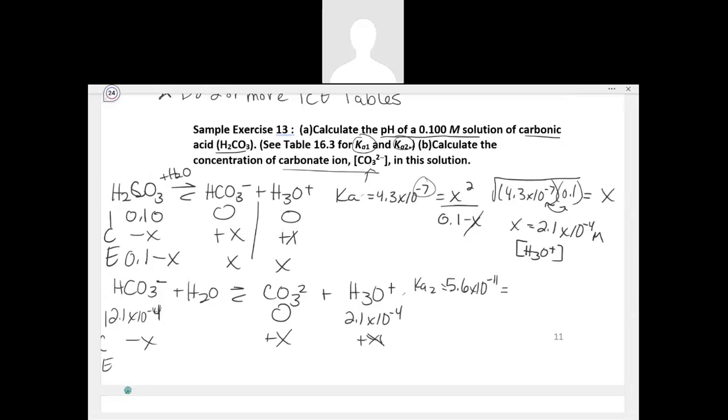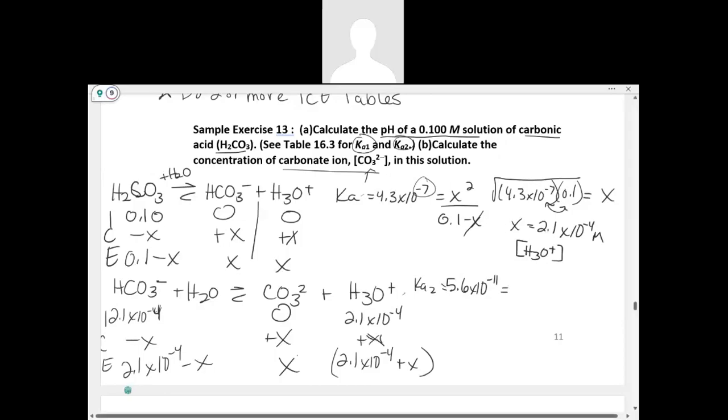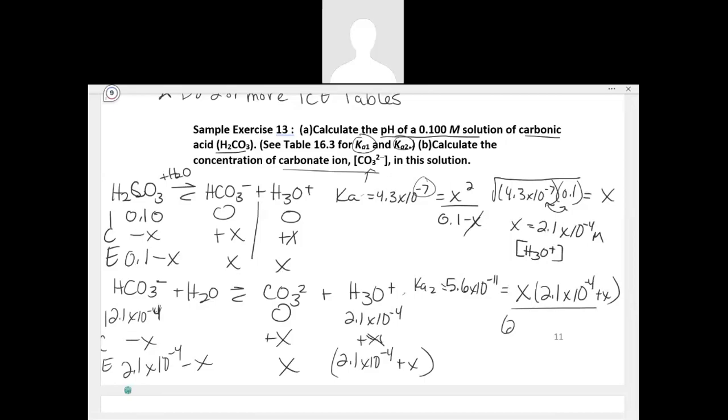We'll set this equal to our equilibrium, so 2.1 times 10 to the negative 4 plus x, and then we have x here, over 2.1 times 10 to the negative 4 minus x. All right, so we're going to see something very helpful happen here. Our first product is this, our second product is 2.1 times 10 to the negative 4 plus x over 2.1 times 10 to the negative 4 minus x.